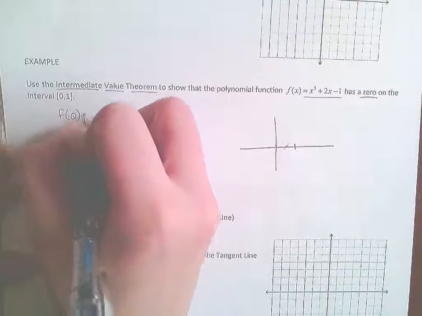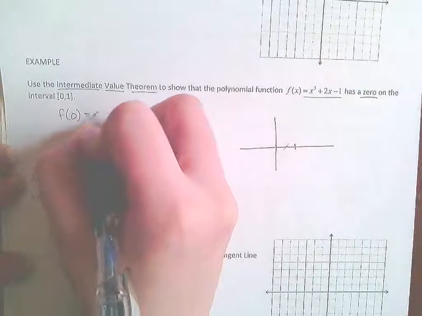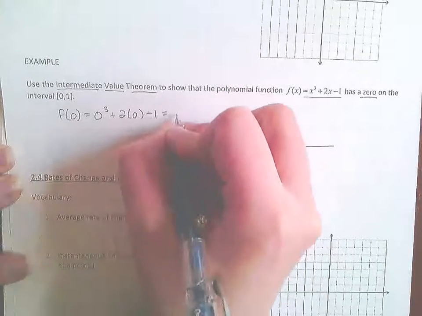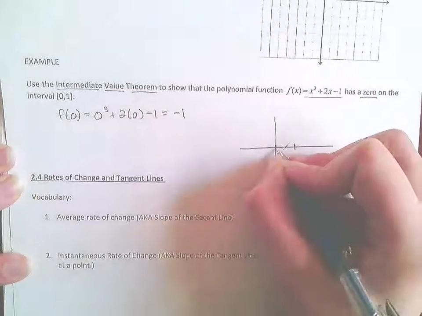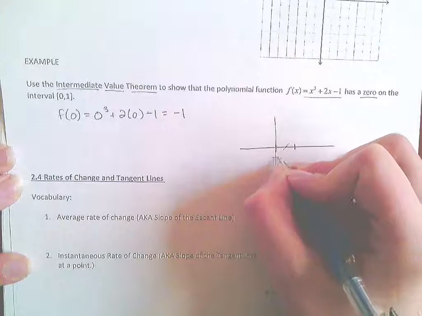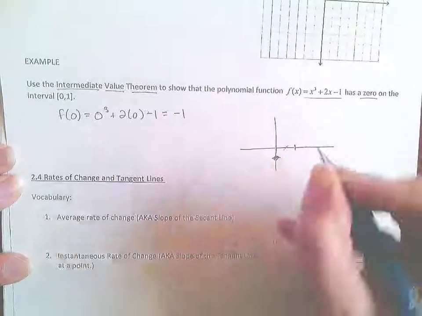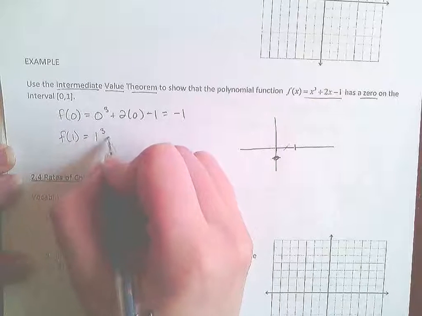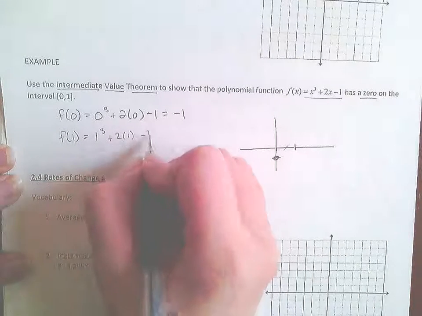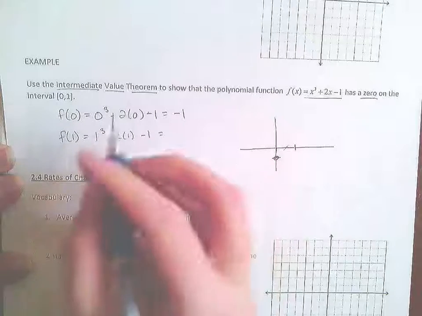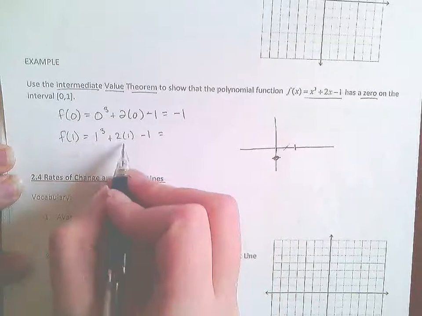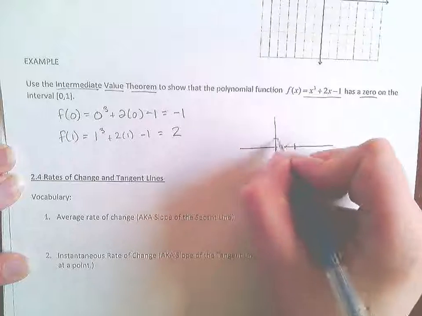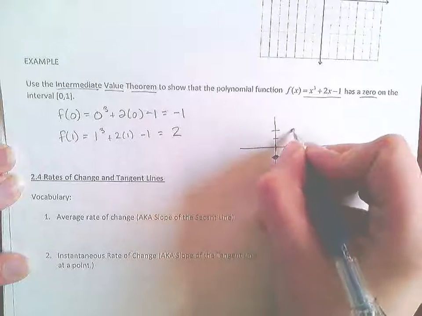So at f of 0, it's going to be 0 cubed plus 2 times 0 minus 1, which gives us negative 1. So at 0, we are at negative 1. And then at 1, 1 cubed plus 2 times 1 minus 1 is going to be 1 plus 2, which is 3 minus 1, and that's 2. So at 1, we are at 2.